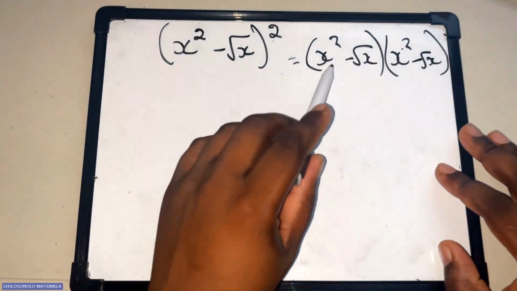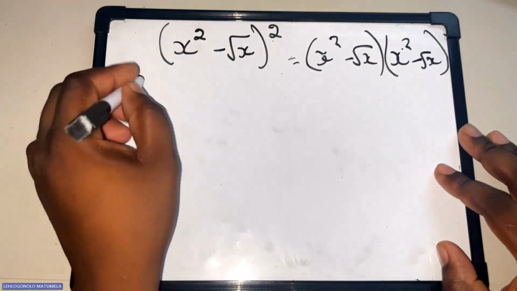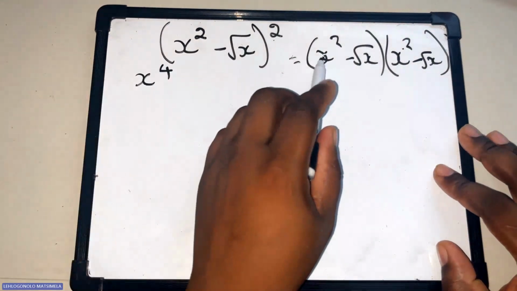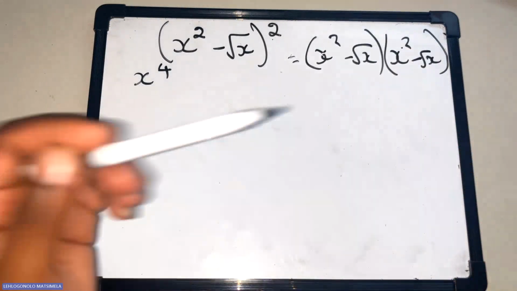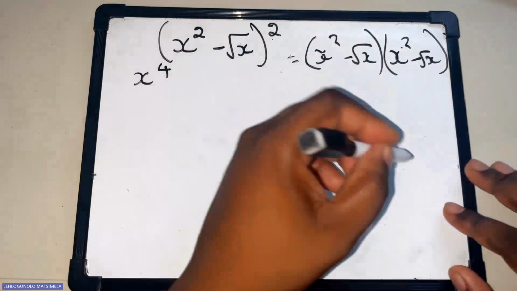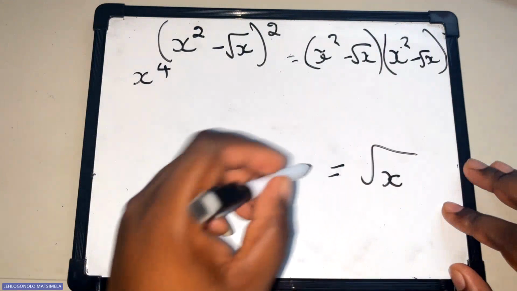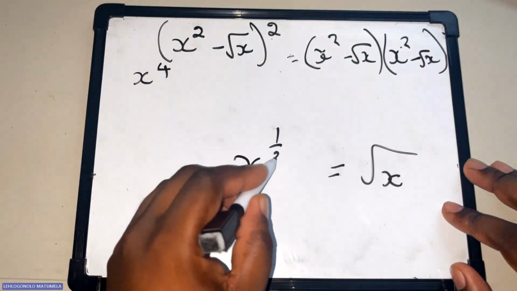Then what do we do? Mathematically, this one times this one will give us x to the power of 4. And then this one times this one. When we multiply powers of the same base, we add the exponents. Firstly, we change root of x to x to the power of 1 over 2.